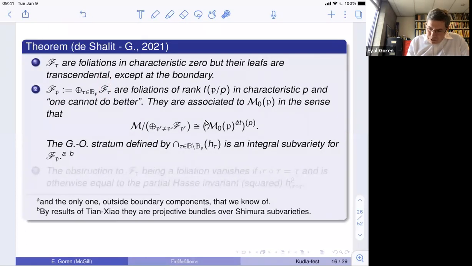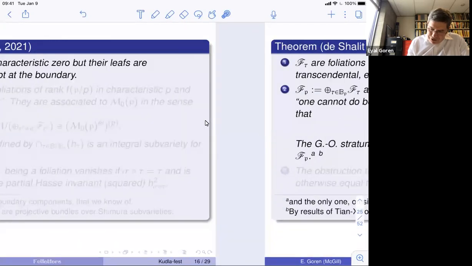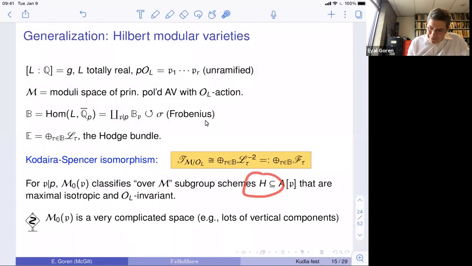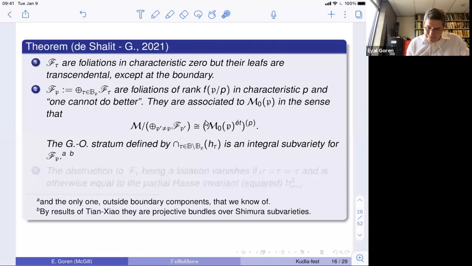And they're associated to this particular level 𝔭 moduli problem in the sense that if I take the τ component, that again one can define, meaning the H that appeared here is H_τ, and take its Frobenius transform, this can be described as modding M by the foliation which is the sum of those foliations from the prime ideals that are not 𝔭.